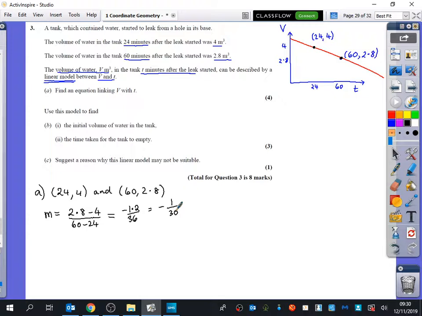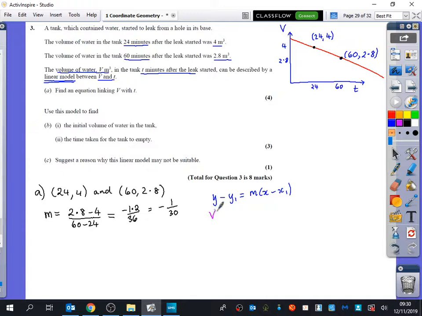Now we're not going to find out what c is because that would be doing y equals mx plus c. We don't use that formula anymore. What's the formula that we use? y minus y1 equals m brackets x minus x1. Okay, so we just need to be careful here because this is to do with y and x, and our question is to do with v and t, and we have to make sure that t is where the x is. So I'm just going to rewrite that formula underneath.